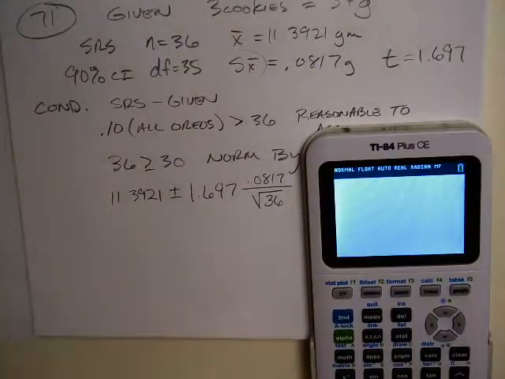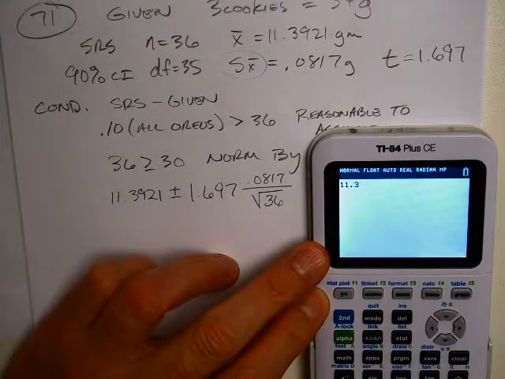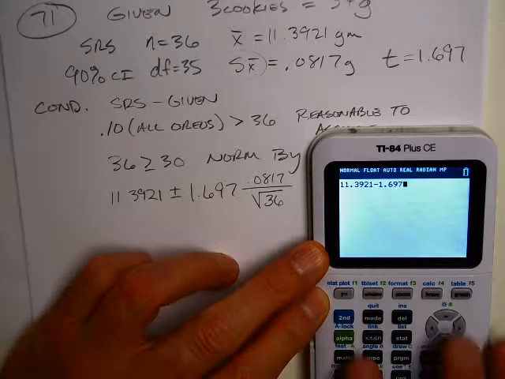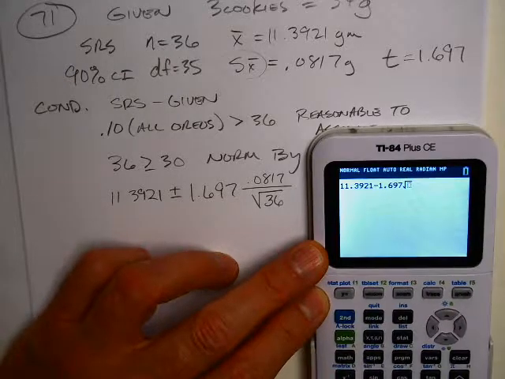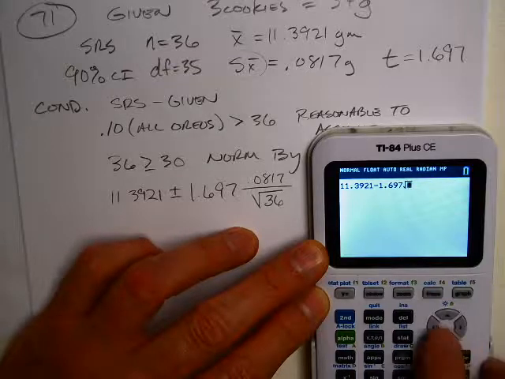So like the other day, what I said was I like to do the minus one first because I get the smaller number value first. So I'm going to go 11.3921 minus 1.697. Put the square root in. I don't really need any parentheses in this case. The order of operations takes care of me. Oh, wait a minute. I take that back.